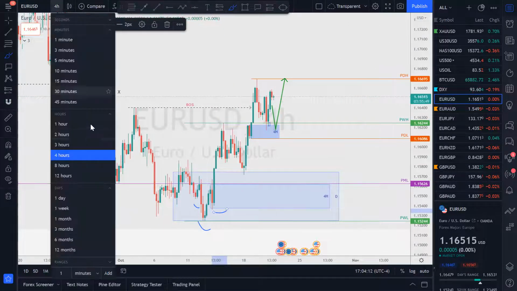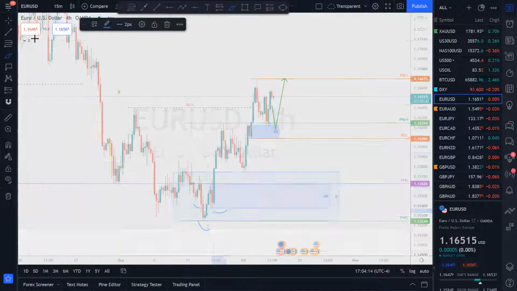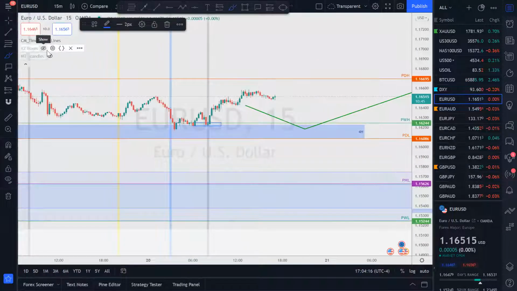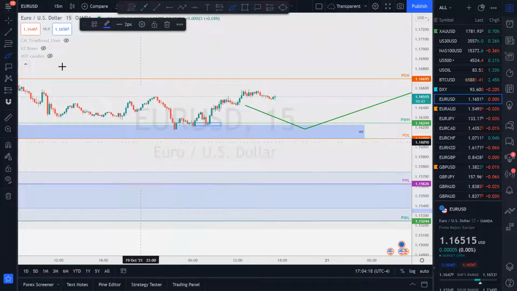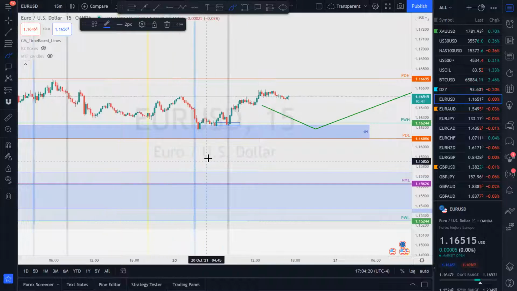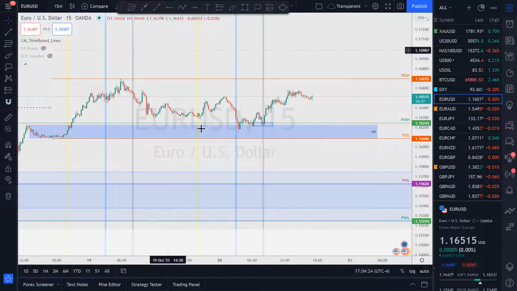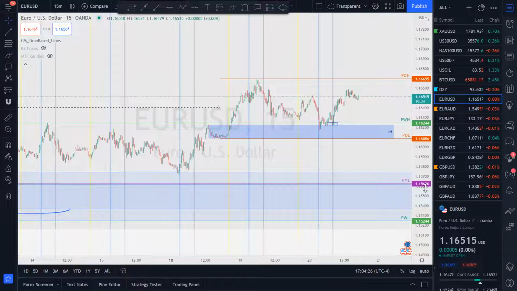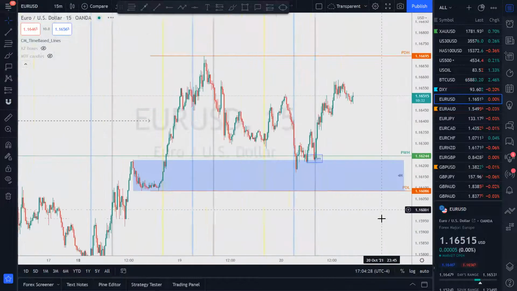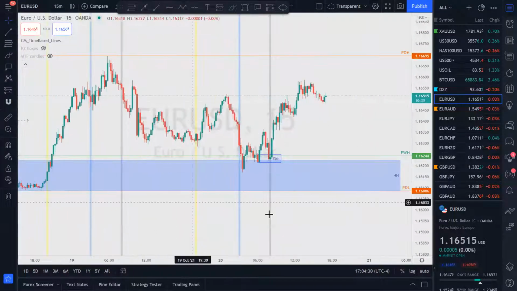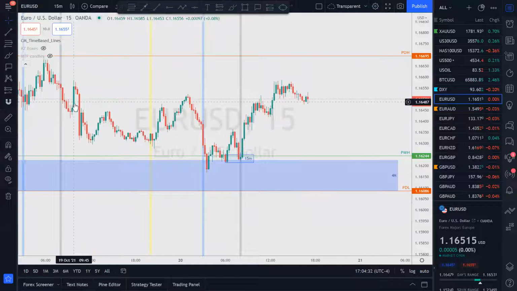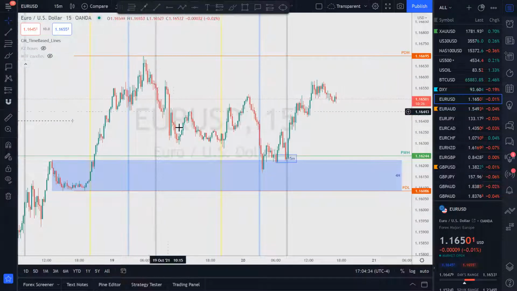So let's go down to the 15-minute, and we're going to turn on the session indicator. I just turned it off. All right. We can get rid of this arrow because we don't need that anymore. So where we were before price started to descend is over here in New York session.